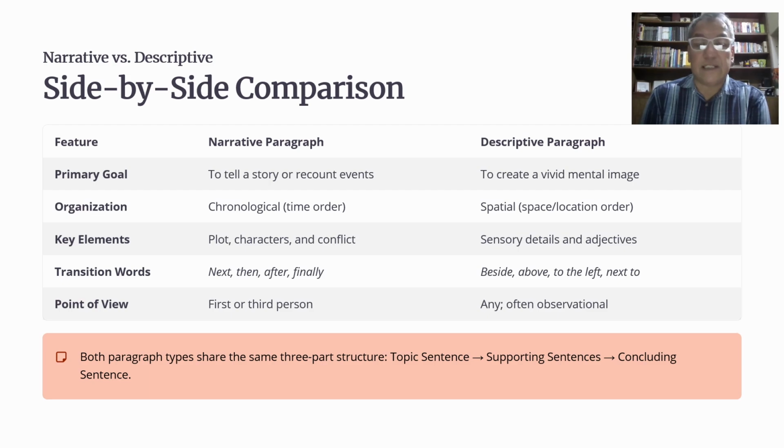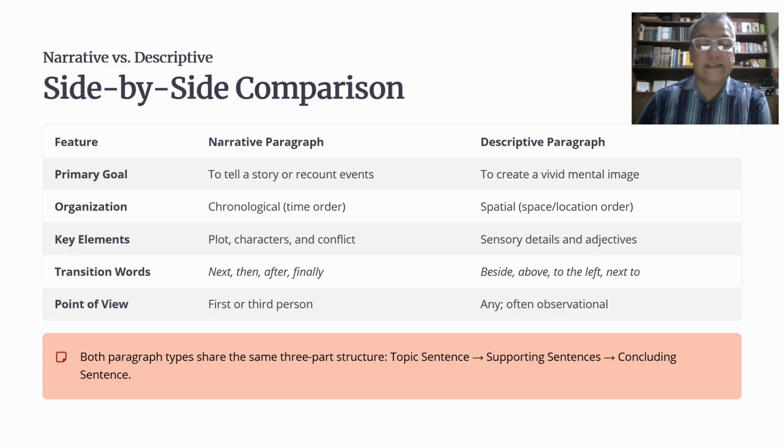Organization: the narrative uses chronological time order, and the descriptive uses spatial order, the order of location. Key elements: plot, character, and conflict; and for the descriptive, sensory details and adjectives.